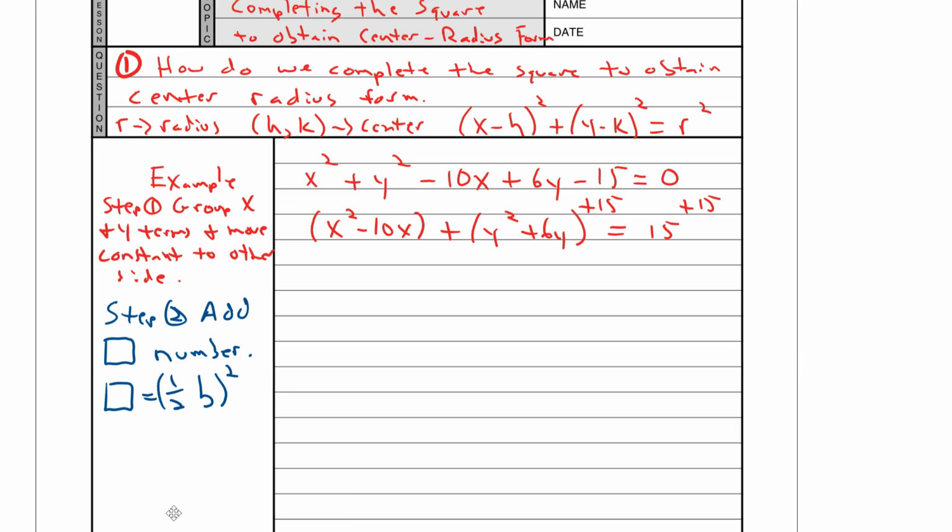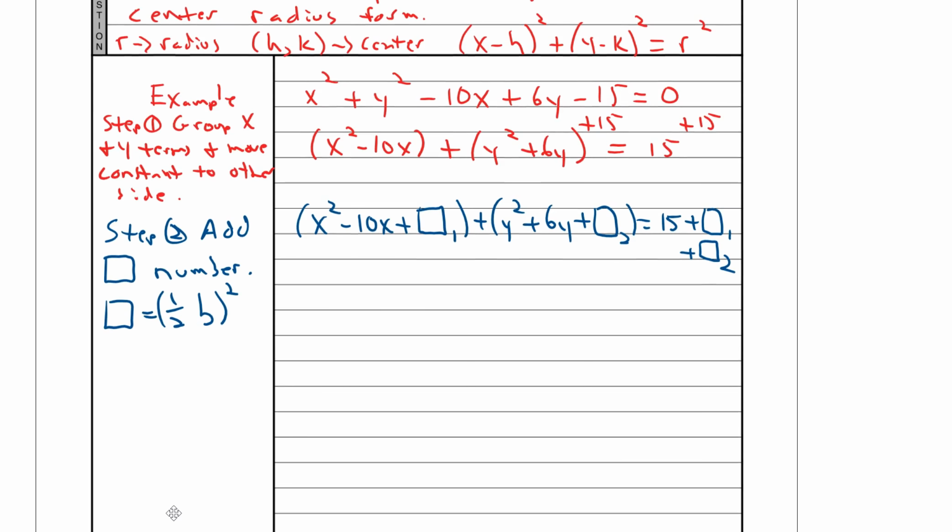So x squared minus 10x plus some box number, and we'll call this box 1. We're going to have two box numbers, plus y squared plus 6y plus box 2 is going to equal 15 plus our two box numbers. Whatever we add to one side, we got to add to the other. Box 1 plus box 2.